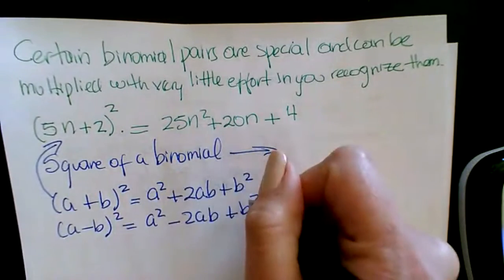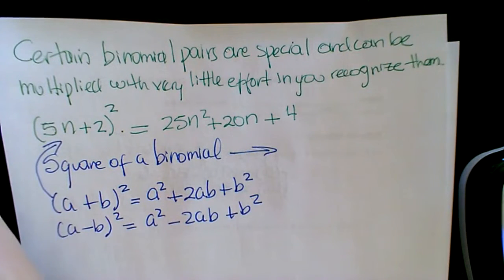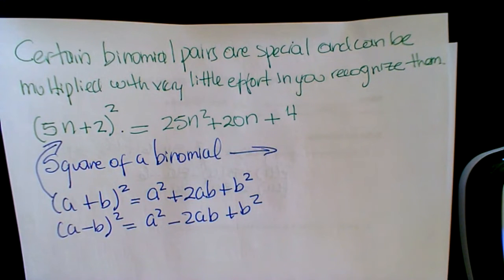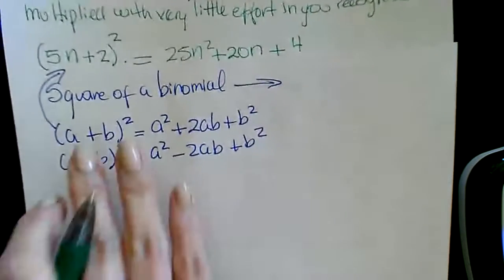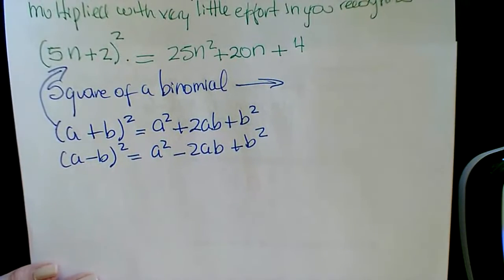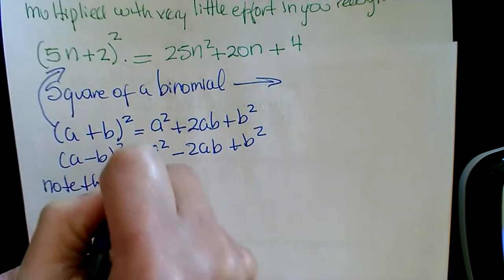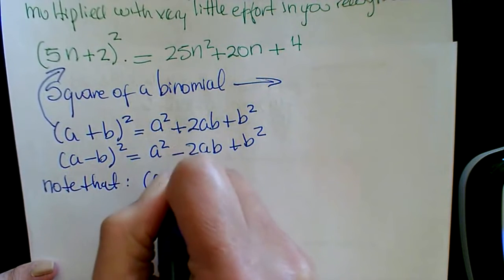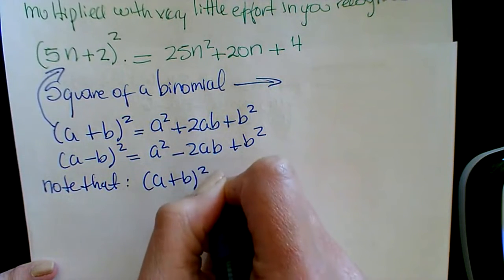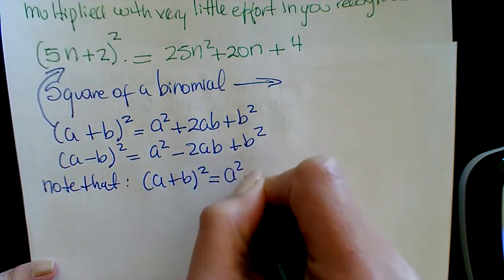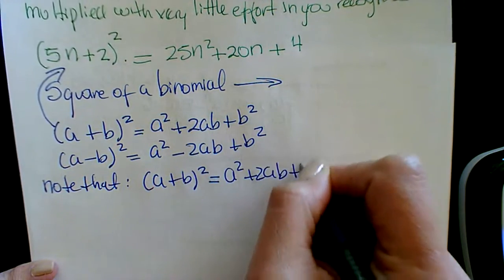But we could have applied one of these rules. Now, we need to note here, let me write this down, that if we have (a plus b) squared, this is the same as a squared plus 2ab plus b squared.